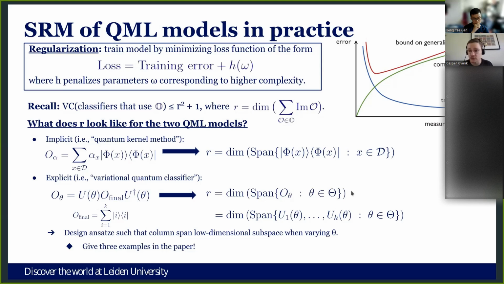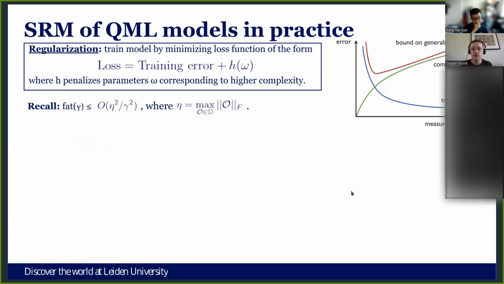Now let's move on to the Havlíček dimension, which, as we recall, depends on the Frobenius norm. And let's again look at what this quantity looks like for both the quantum machine learning models.